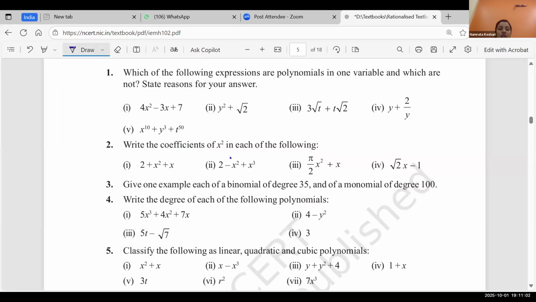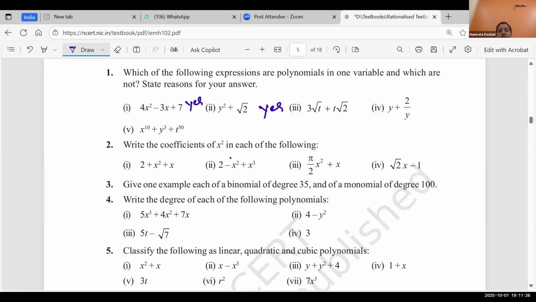First one: one variable is involved. The exponent of each and every variable is a whole number. Is that a polynomial? Yes. Next, is that a polynomial? Yes. Next, is that a polynomial?